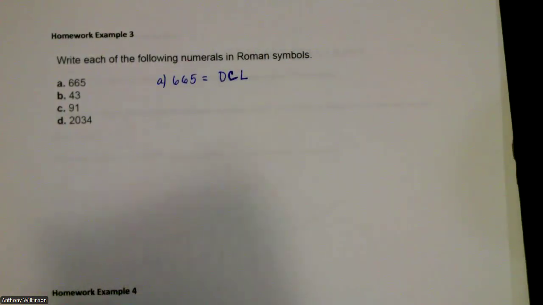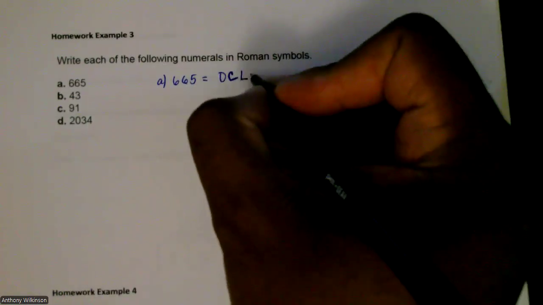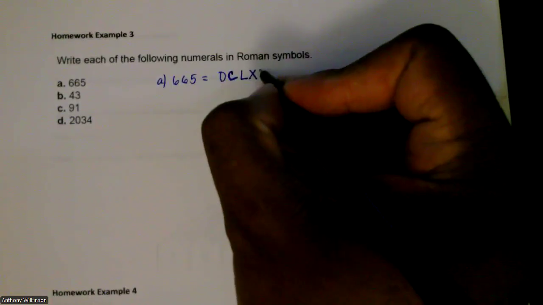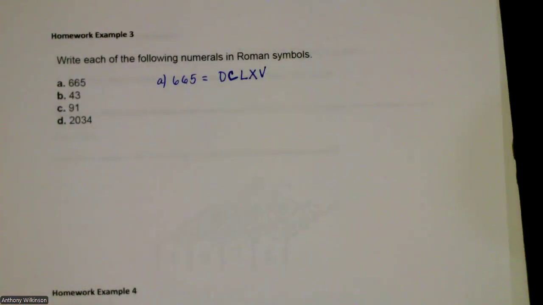L represents a Roman numeral for 50, and X represents a Roman numeral for 10. So LX represents 60, and then the 5, we'll use V, because V represents the Roman numeral for 5. So DCLXV is the Roman numeral for 665.